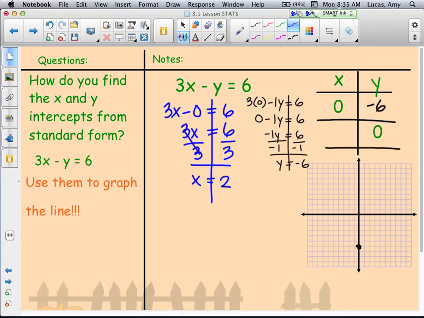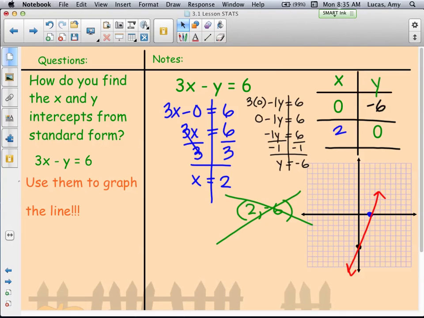X equals 2. So on the x-axis, 2 would be right here, (2, 0), and then draw the line. Don't forget to draw the line through those intercepts. Remember that each intercept represents its own point. So don't solve for the 2 intercepts and write them as an ordered pair like this, (2, -6). That is not correct. Each one of them is its own intercept.